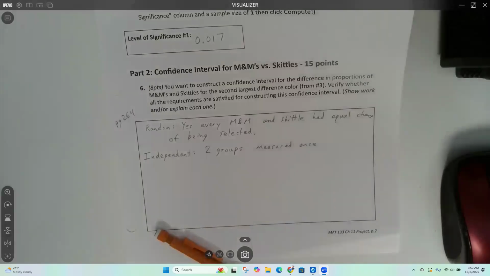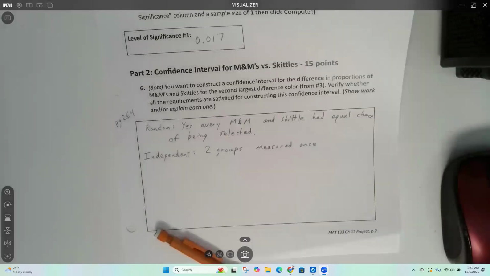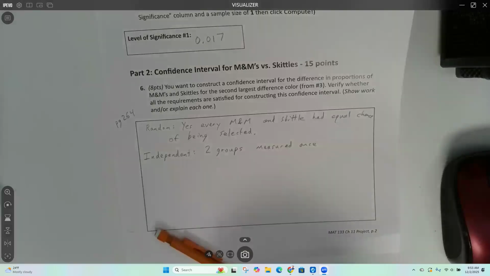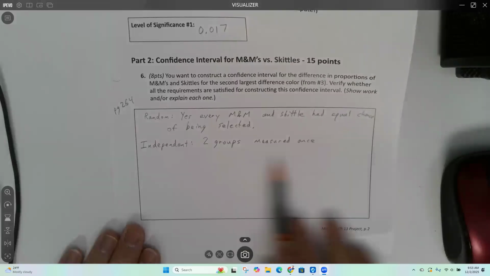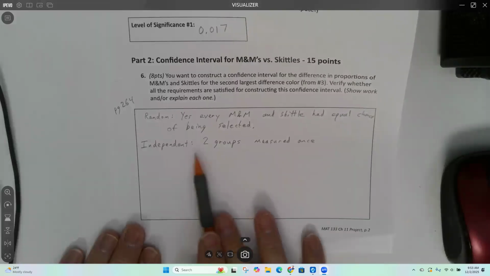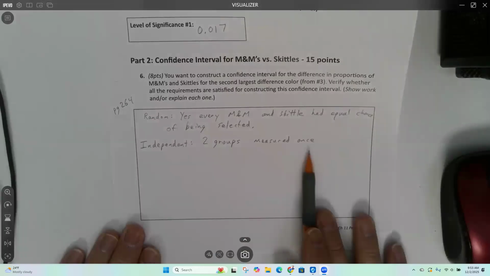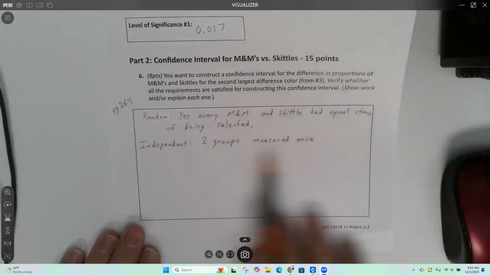Otherwise, if you have someone who just gets the single shot and doesn't get the booster, then you don't know whether that booster was effective or not because some people didn't get it. Anyway, we'll talk a little bit more about that when we look at the Chapter 11 review. But for now, the two answers you can put here are two groups measured once or one group measured twice. And we have this one, so we are good.